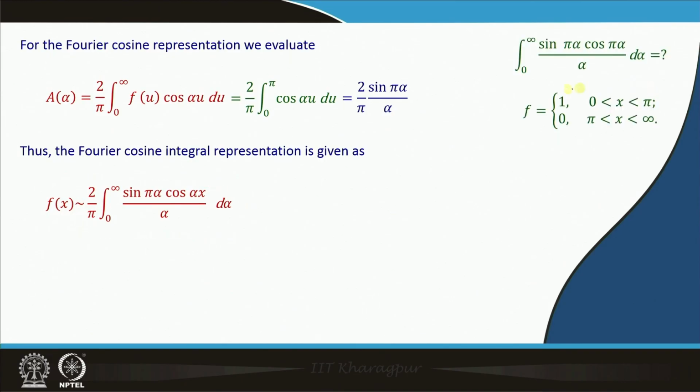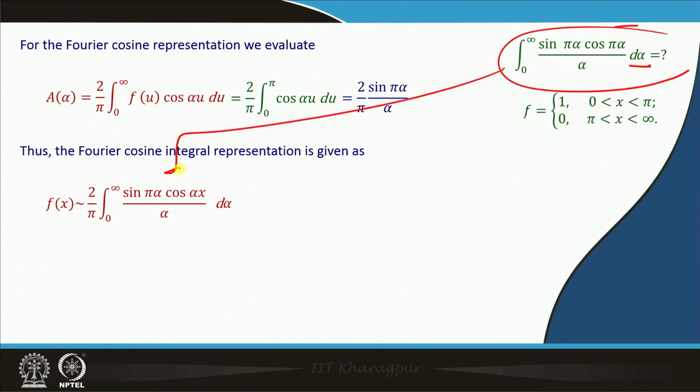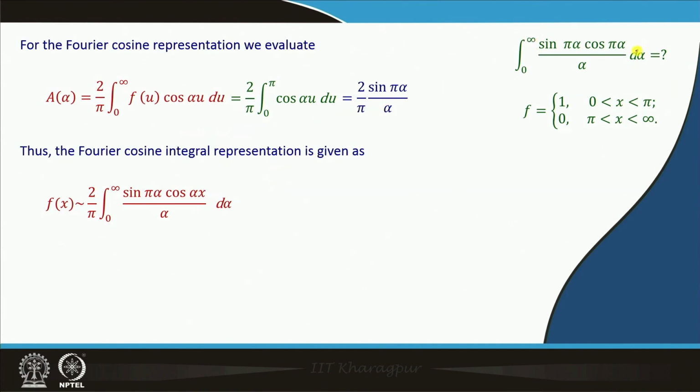And then the question is what is the value of this integral, which is sin pi alpha cos pi alpha over alpha d alpha. So, if we compare with this now, we have sin pi alpha, here also we have sin pi alpha, we have cos pi alpha here, and cos alpha x there. So, if x is substituted by pi, then we get exactly this integral.